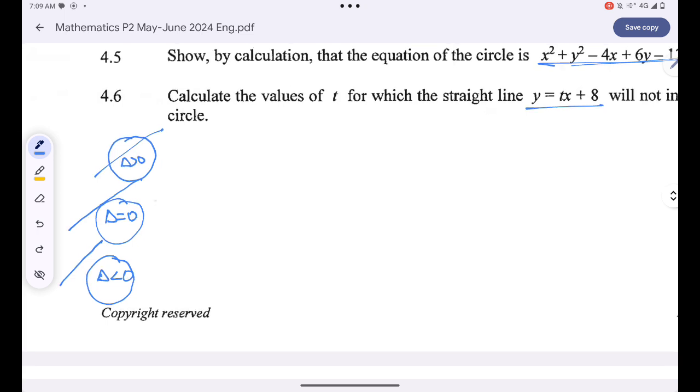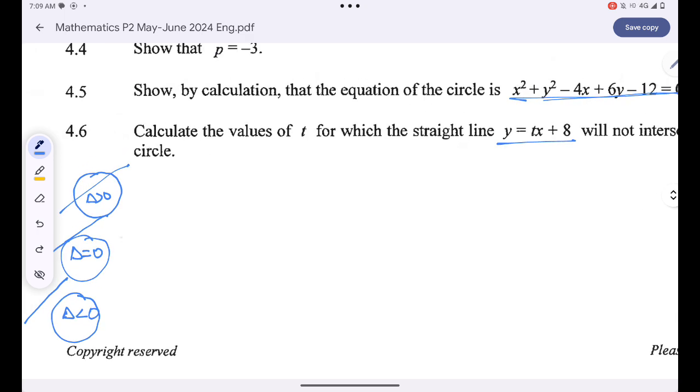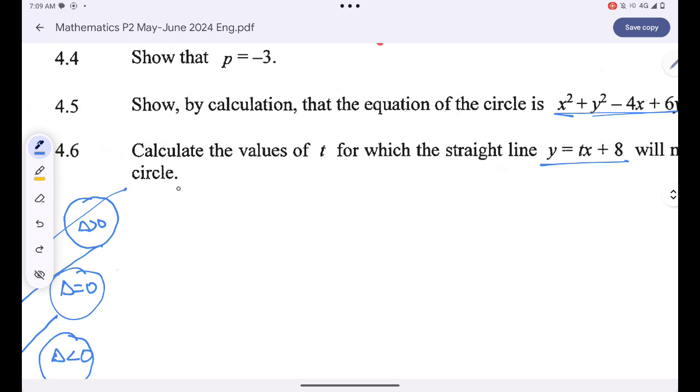Are you together? So the equation of my circle, I found it to be (x minus 2) squared plus (y plus 3) squared. This was equal to 25. Are you together? For me to find the intersection, I just need to substitute y with tx plus 8.